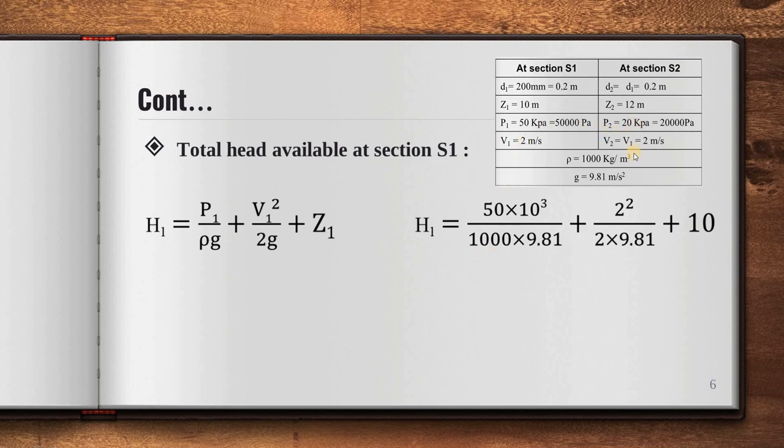Rho is 1000 kg per meter cube, so 1000, g is 9.81, plus V1 square upon 2g, where V1 is 2 meter per second, so 2 square upon 2 into 9.81, plus Z1, the elevation or potential head at section S1, which is 10 meter, so plus 10. When we calculate this, we get H1 is 15.29 meter. So the total head available at section S1 is 15.29 meter.